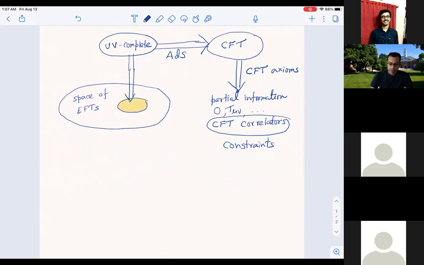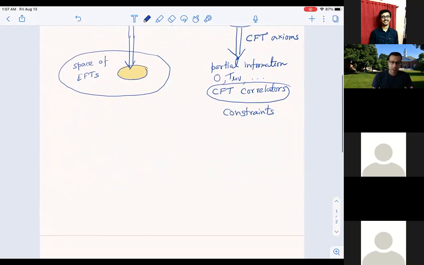Before I can do that, I need to actually answer one very important question. So what is the right CFT correlator to study? Basically, we have to first find out the right CFT correlator, and then we can go ahead and study that correlator.